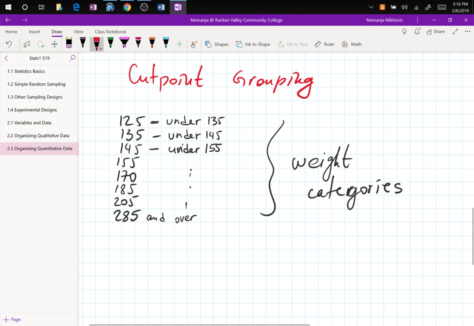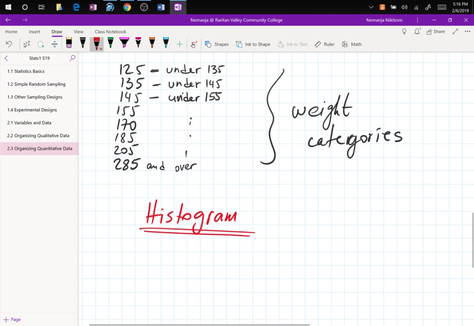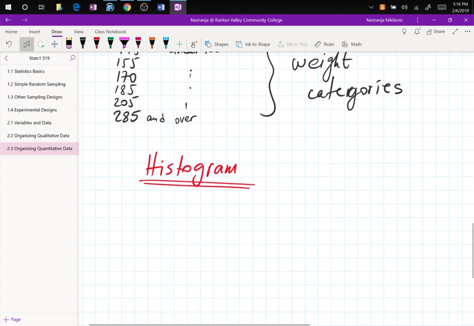So now, histogram. And this is a big one, histogram. So that will be technically your bar chart, except for the histogram, the boxes that you draw, they touch, because all of these categories are adjacent to each other.